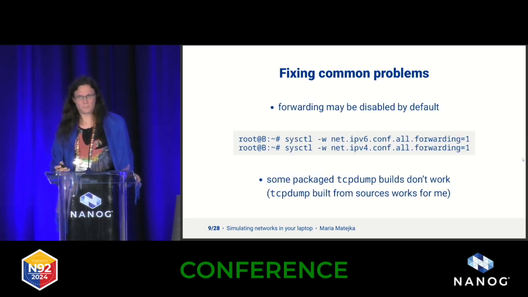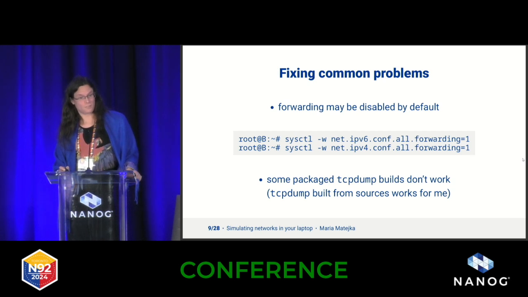You may have to fix some problems, like in some situations, some distributions don't like to set your forwarding options to 1. So you may have to enable IPv6 and possibly IPv4 forwarding inside those virtual machines, one after another. It isn't possible to set it globally.